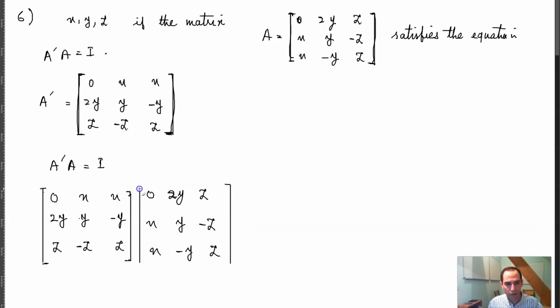This matrix is equal to the identity matrix, which is 1, 0, 0, 0, 1, 0, 0, 0, 1.